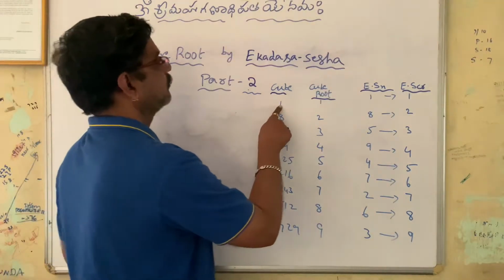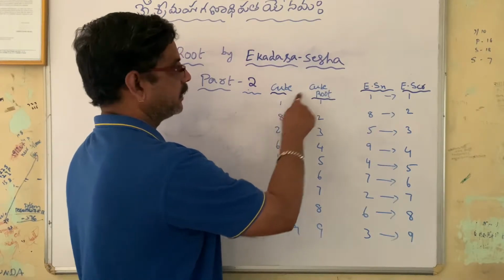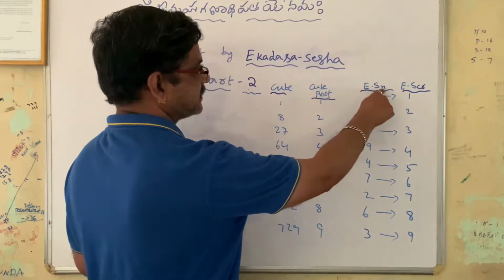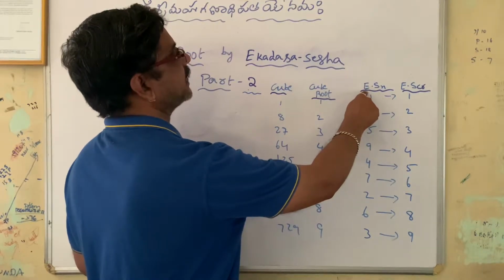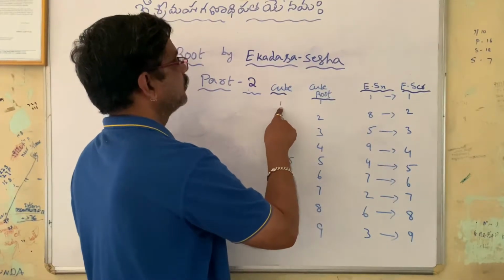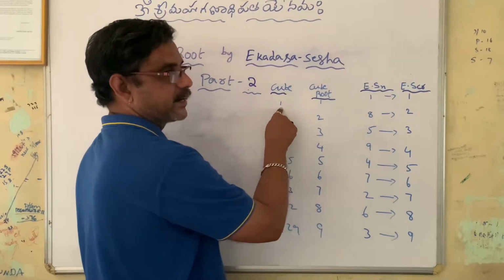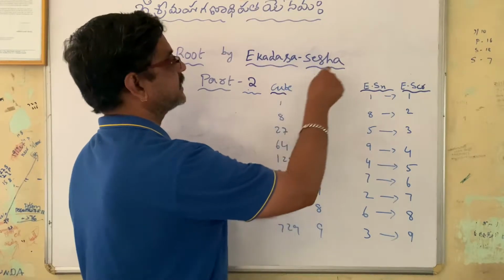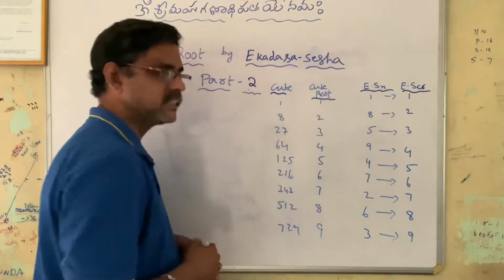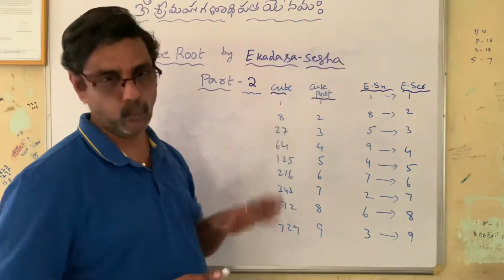ESN means Ekadasa Sesha of the given number. First we will consider the cubes. The first perfect cube is 1. Its Ekadasa Sesha is 1. That means when we divide 1 by 11, the remainder is 1.